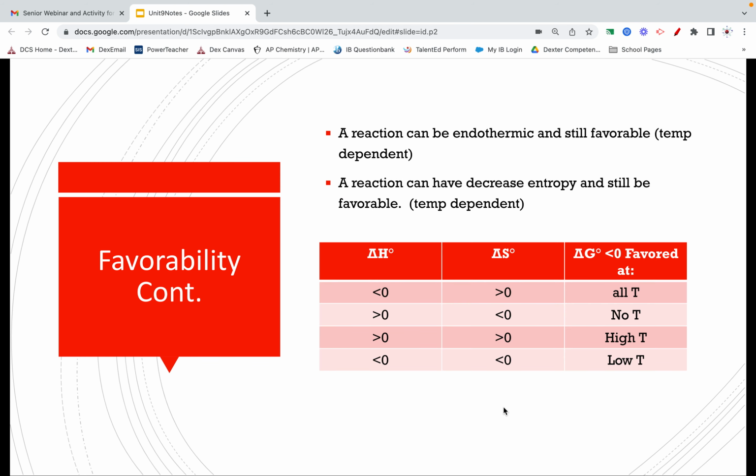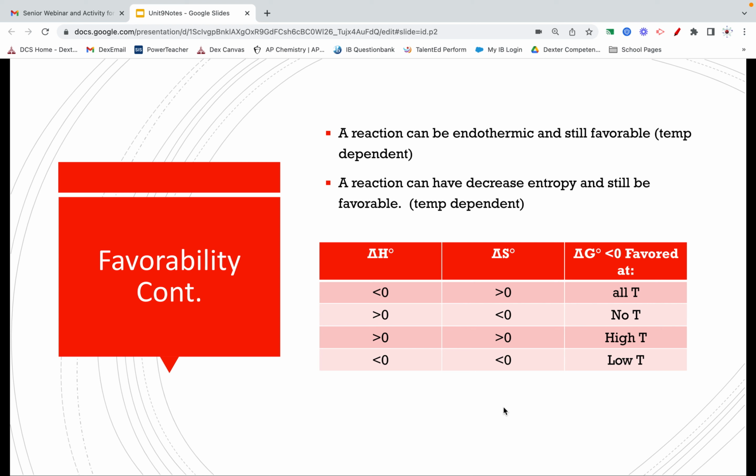So when we look at reactions, we can actually predict favorability based upon values of enthalpy and entropy, and temperature as well. If we have an exothermic reaction, so less than 0 enthalpy, and a high entropy reaction, so our entropy has increased, it's greater than 0, it's always going to be a favorable reaction.